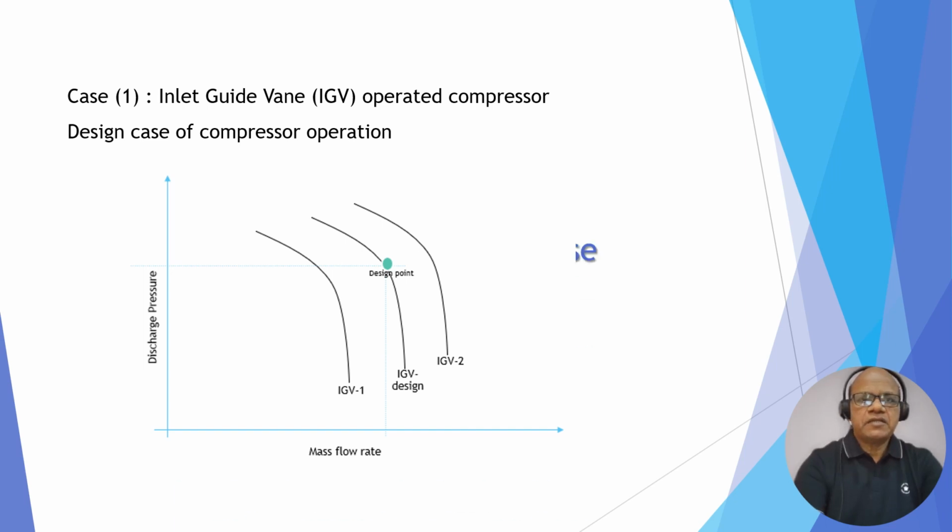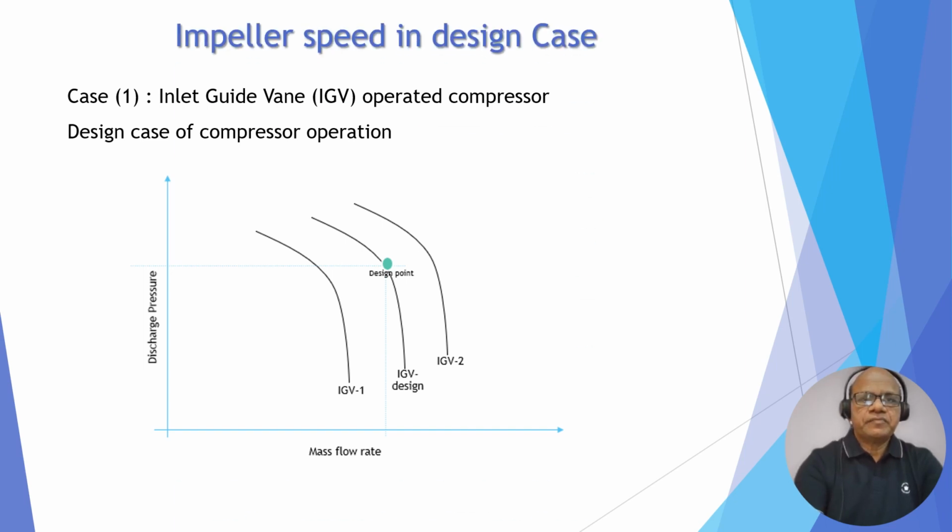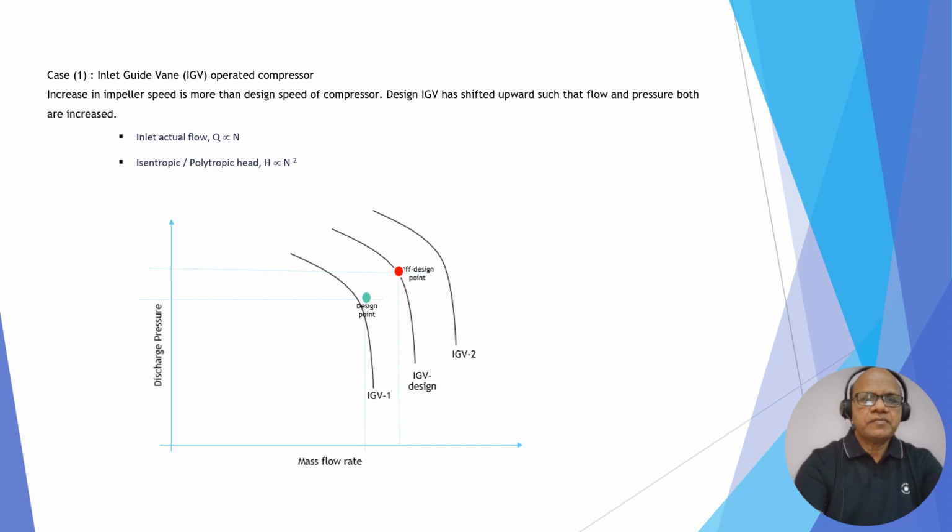Now second case: when, for the inlet guide vane operated compressor, the impeller speed is increased to more than design, what will be the impact?